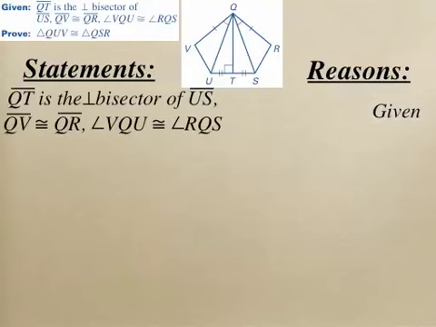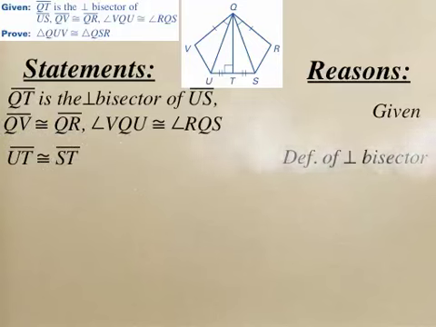The fact that QT is the perpendicular bisector of US tells us 2 different things. It tells me that UT is congruent to ST because of the definition of perpendicular bisector. Because of the definition of perpendicular bisector, it also tells me that angle QTU and angle QTS are both right angles.